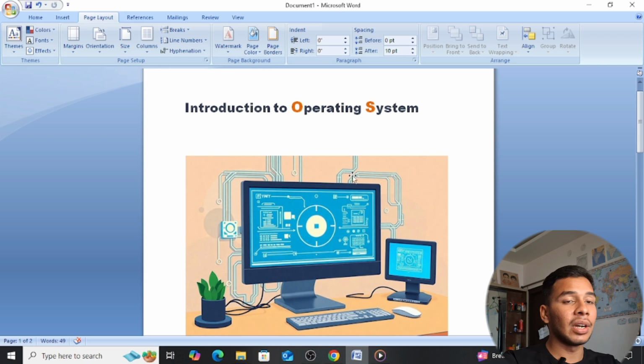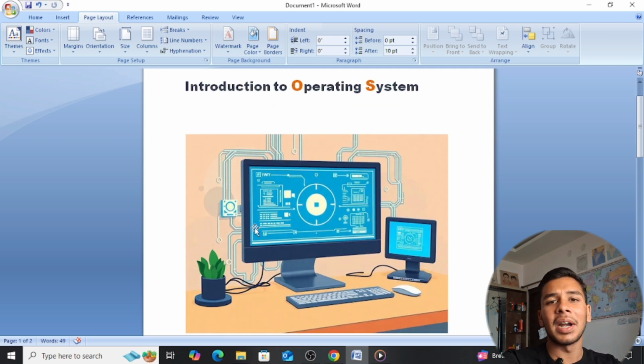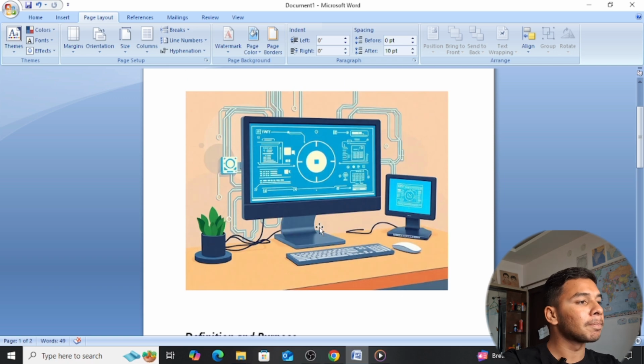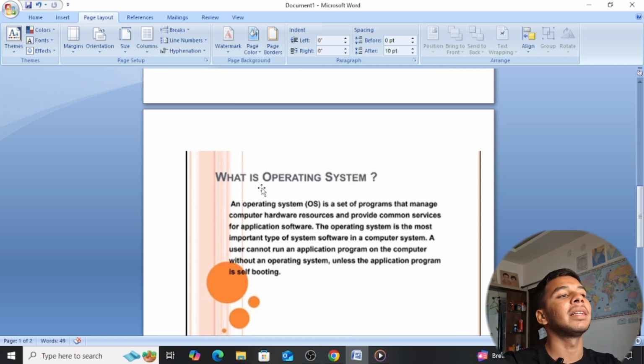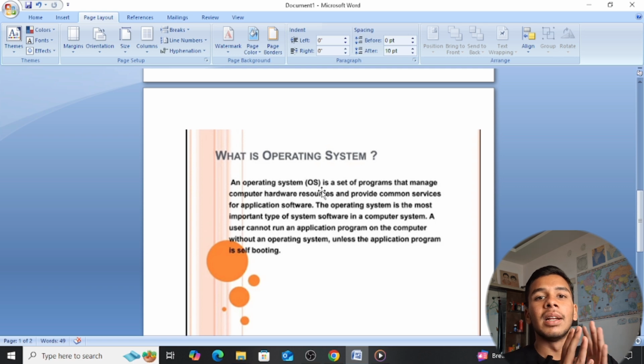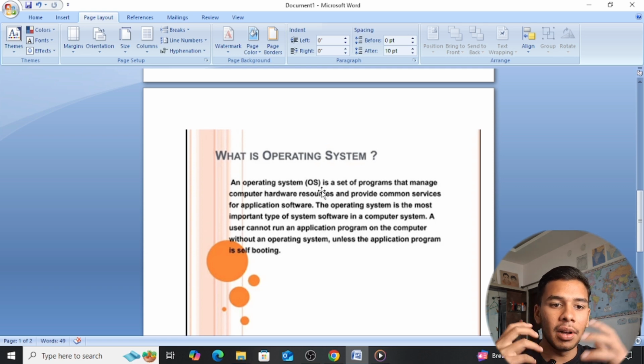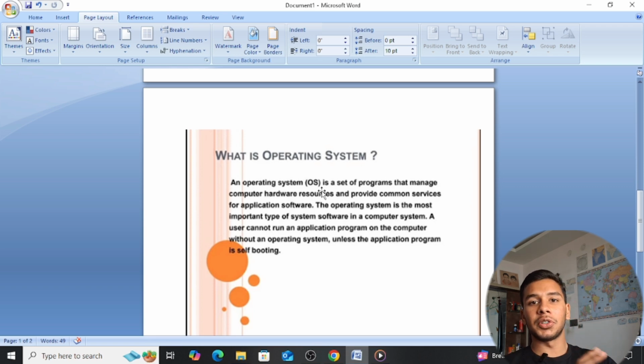You can find it on the screen itself, which is Introduction to Operating System. Operating system can also be called OS in short form, and this is the basic random image of OS. Let's talk about what is operating system. I'll explain it in a very easy manner, in very simple English terms.